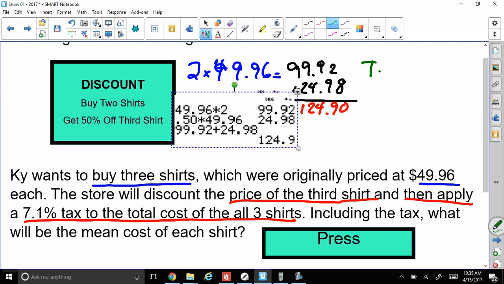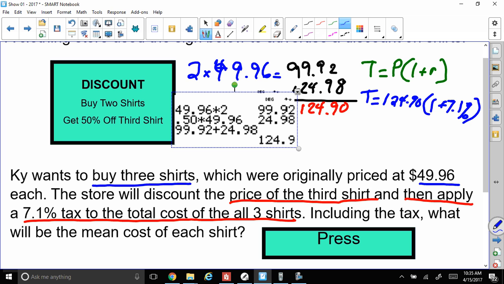Total cost is going to be equal to the price times 1 plus the sales tax rate. If you remember my sales tax video, if not, check it out. So we know the total cost is going to be equal to $124.90 times 1 plus 7.1%.